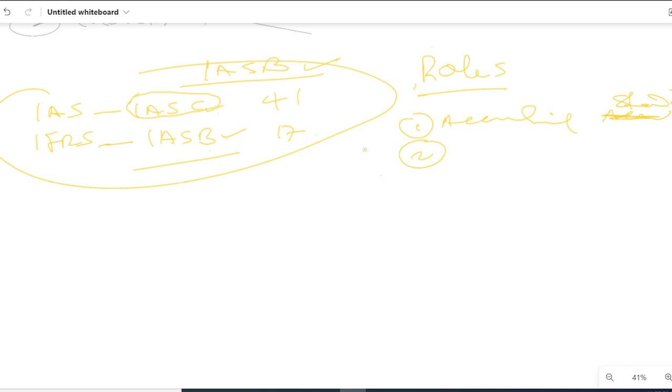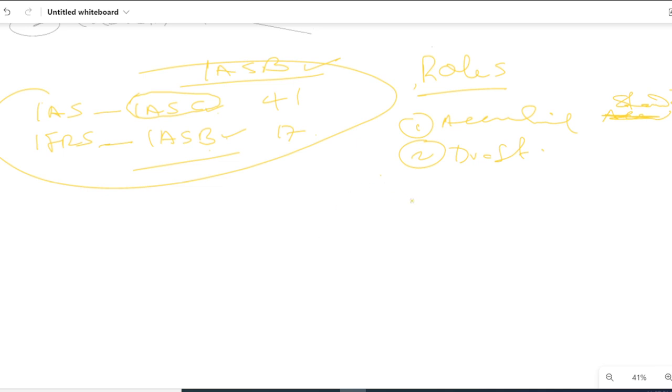This board is also responsible to publish drafts of accounting standards before they publish them. First of all, they have to publish the drafts. After publishing drafts, they now issue the final standards.